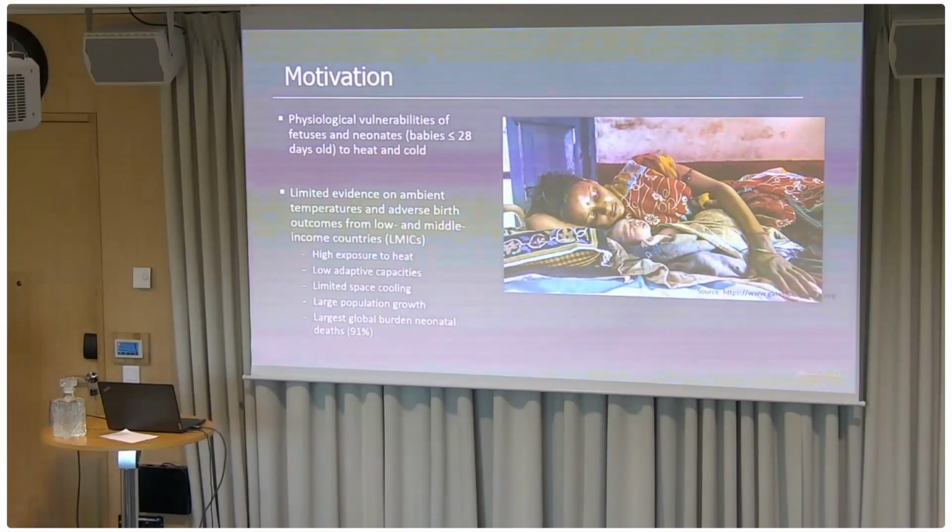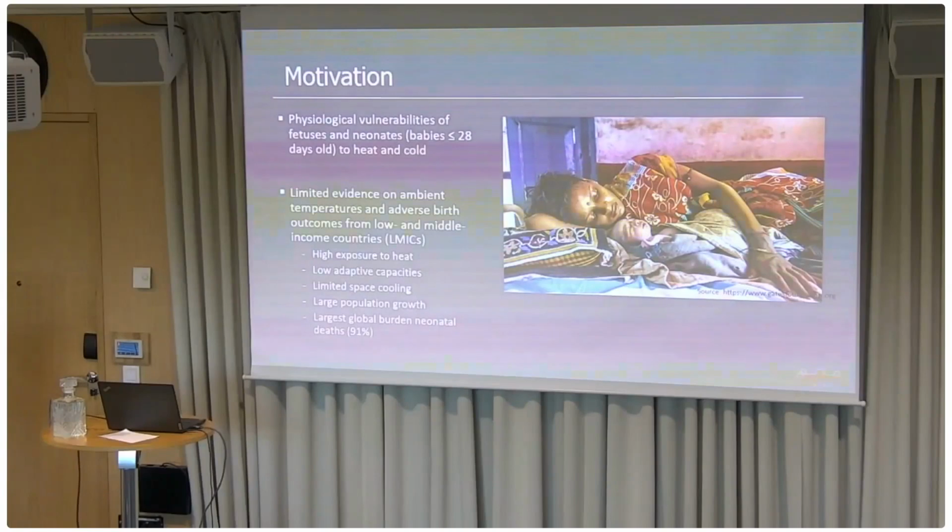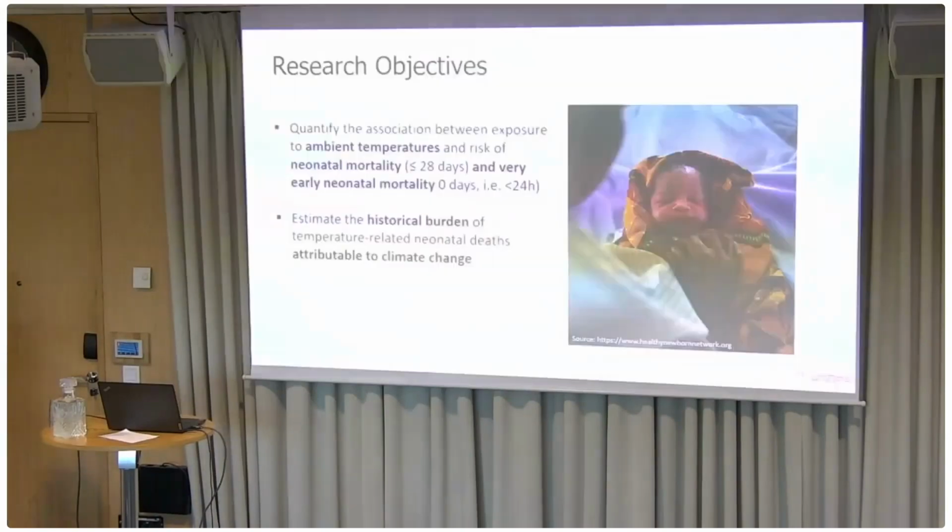But for this specific group, I think it's particularly important because these countries account for 91% of the global burden of neonatal deaths. So it's very important to focus on these specific places. There are other reasons, of course: higher exposure to heat in these places, mostly they are in hotter places, lower adaptive capacity, and larger population growth, especially in a climate change perspective.